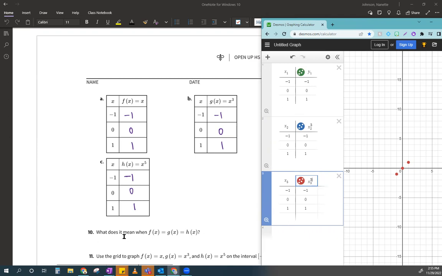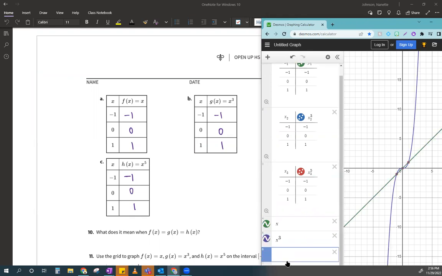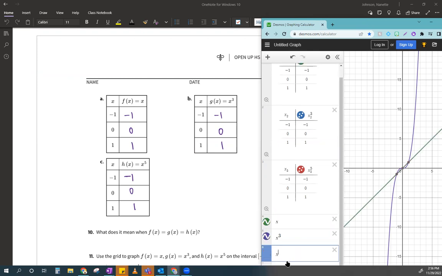So then here, question 10 says, okay, well, what does it mean for those functions to be equal? Well, I would continue. Let's actually graph those functions just so that you guys can see what I want you to see. And what do you notice between these three functions, between green, purple, and black?